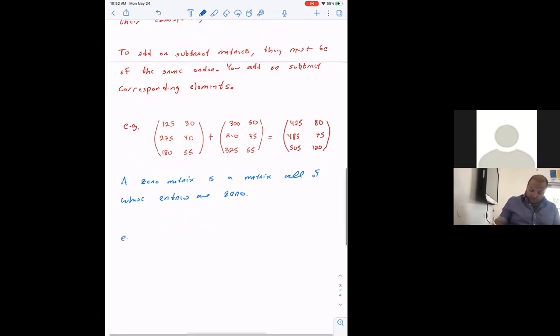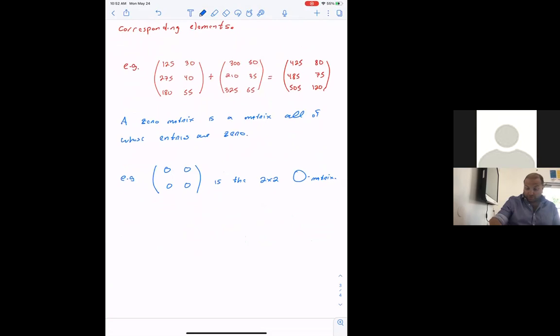So for example, 0, 0, 0, 0 is the 2 by 2 zero matrix.